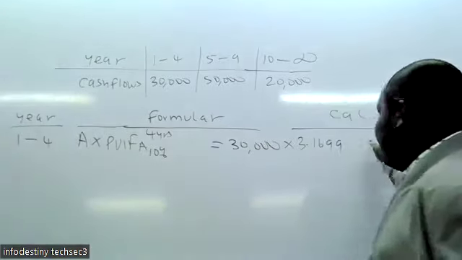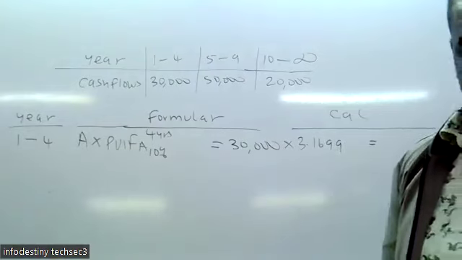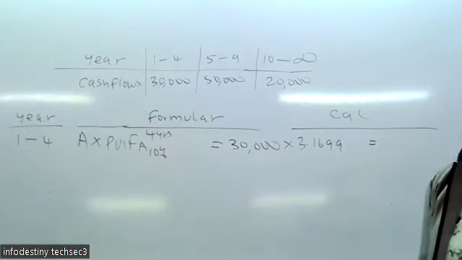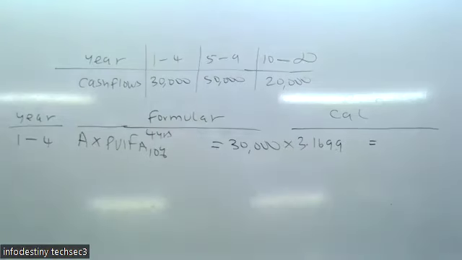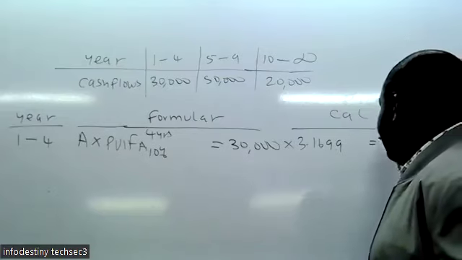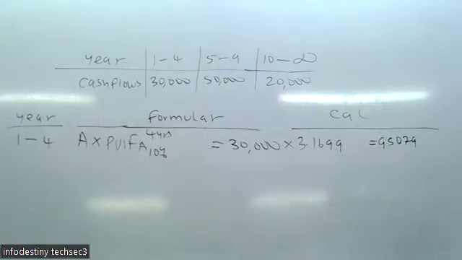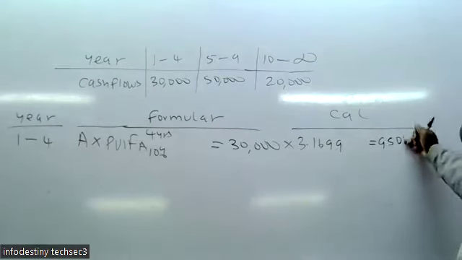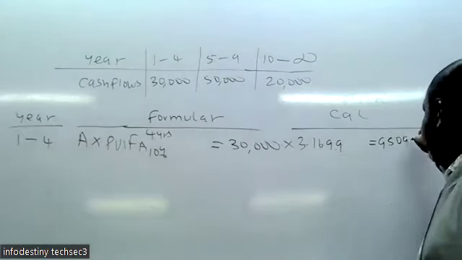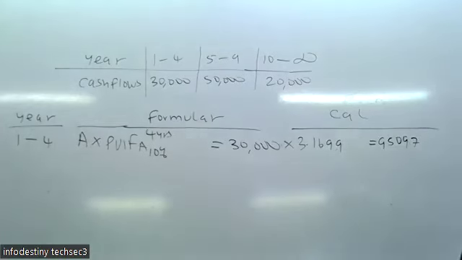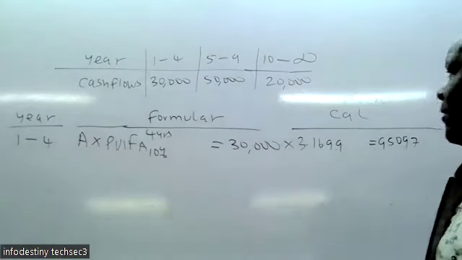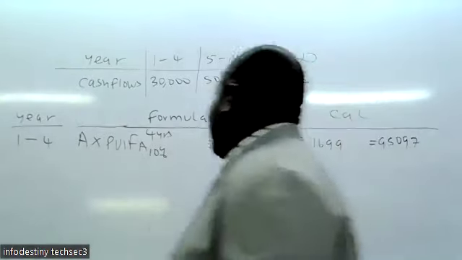So when you multiply, you now get the value for that: $95,097. So that is now between year 1 up to year 4.